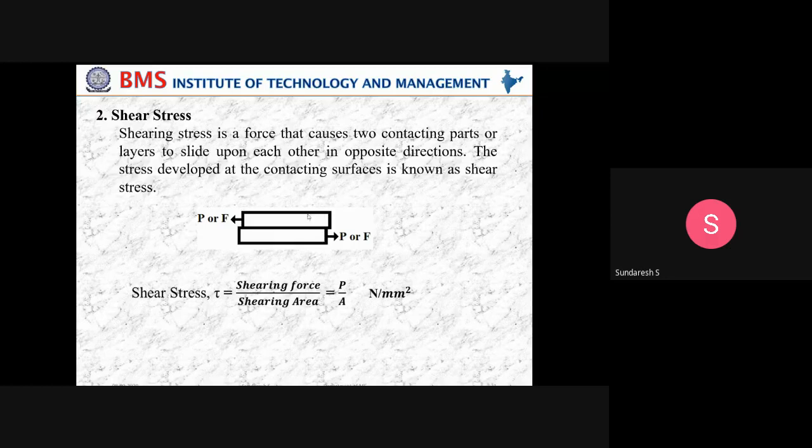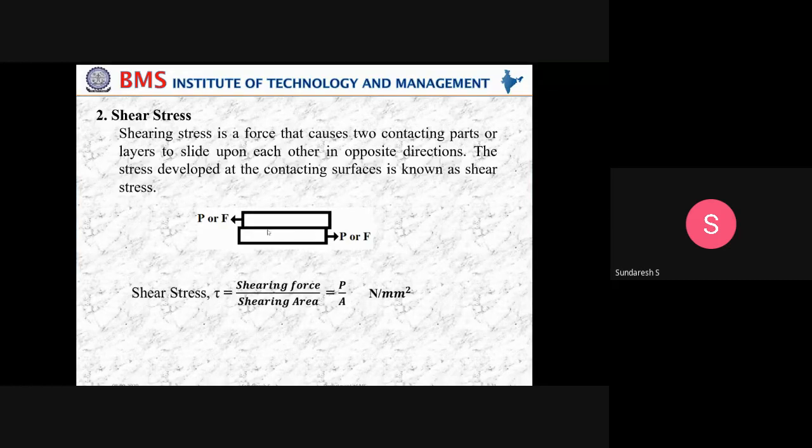It is a tangential stress or the load which is acting in the tangential direction. Such type of load, we call it a shear load or a shear force. And the effect of the shear force is to make the layers slide one over the other in the opposite direction.